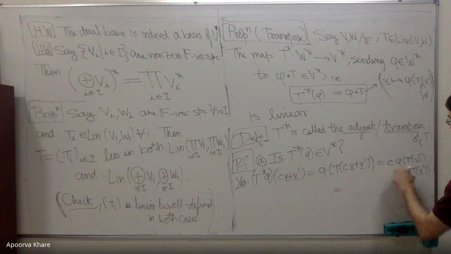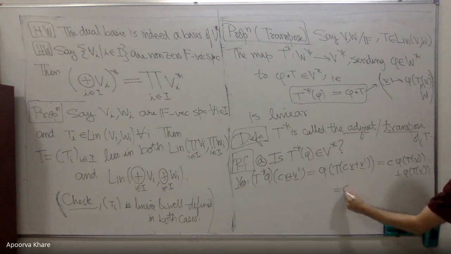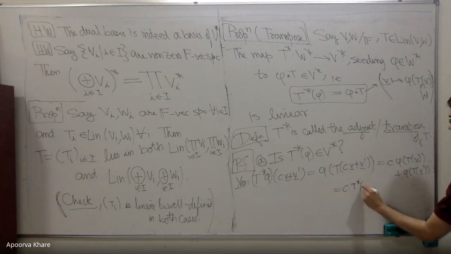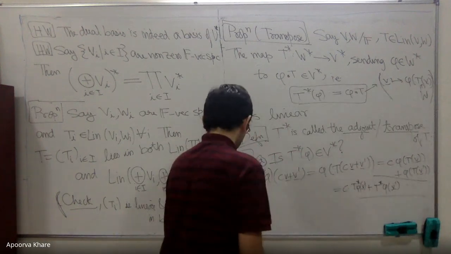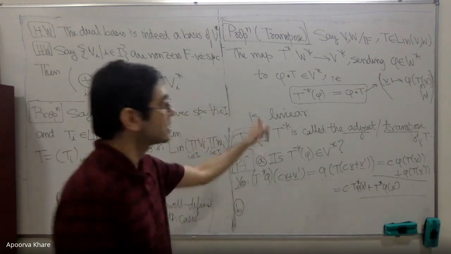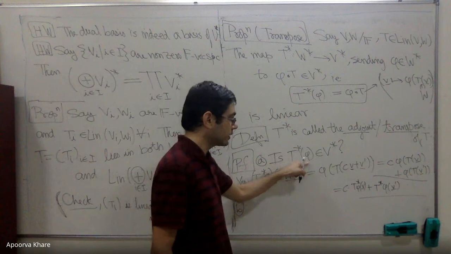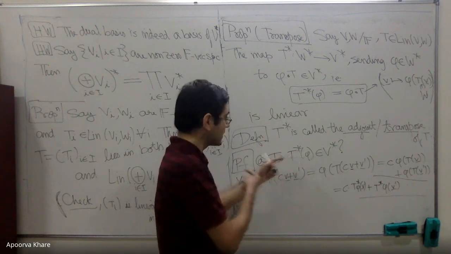This is precisely C times T star phi of V plus T star phi of V prime. So indeed, yes, it's linear. T star takes everything to a linear map, but T star itself is linear.